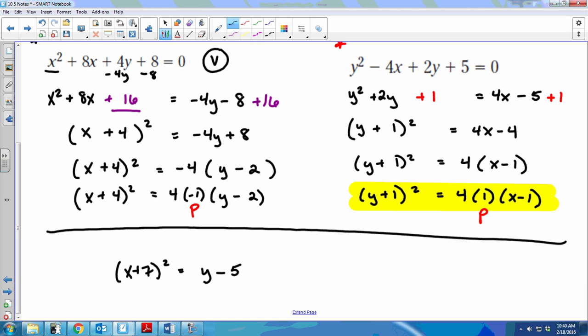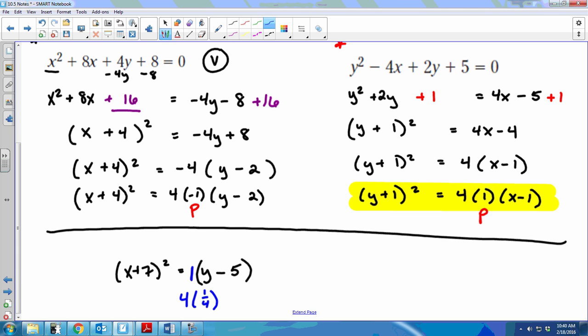I can't factor a 4 out of y minus 5. Technically, there's a 1 in front of it, right? And so if I'm trying to get 1, that would be 4 times a fourth, right? So p would be a fourth. So there is a way to figure these things out.